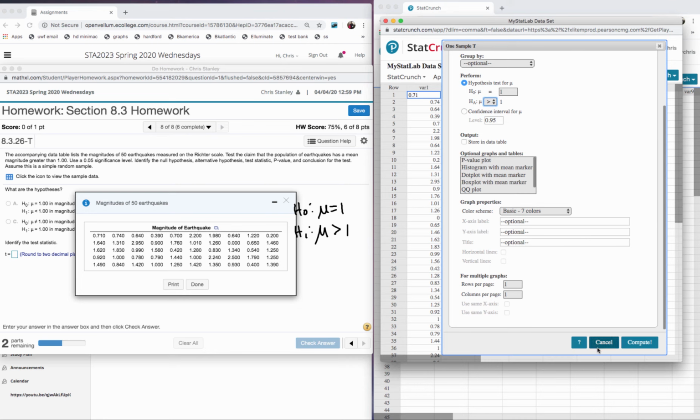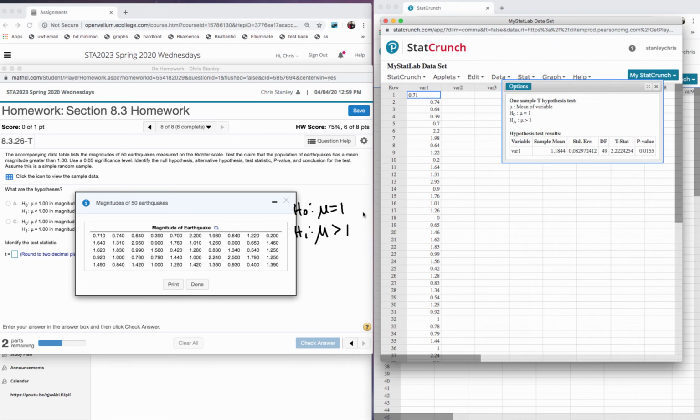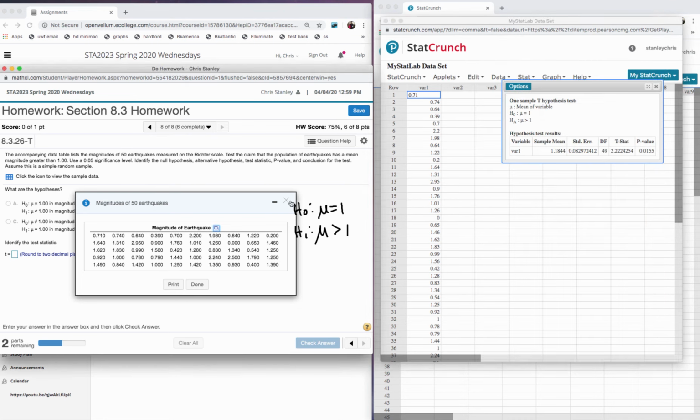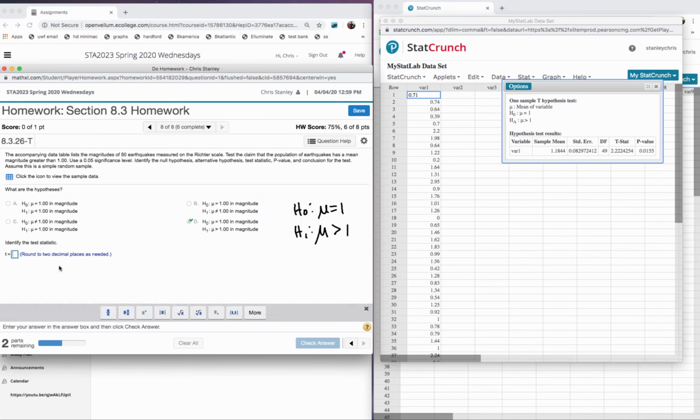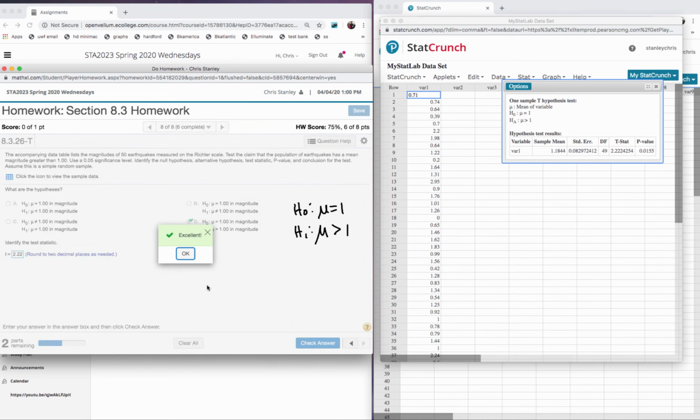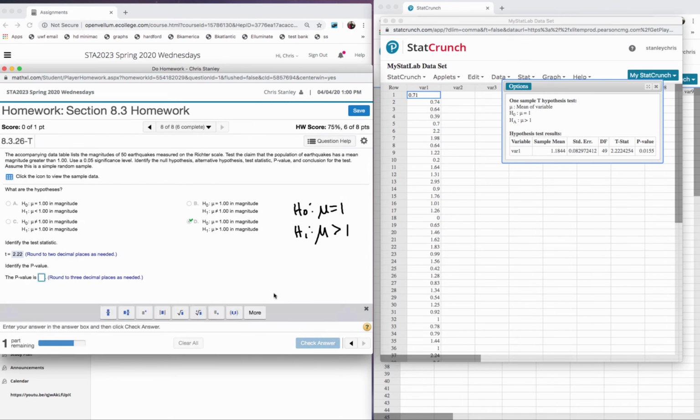And you don't have to worry about any of this other stuff, just compute. 2.22. Okay, round to 2 decimal places. P-value 0.016.